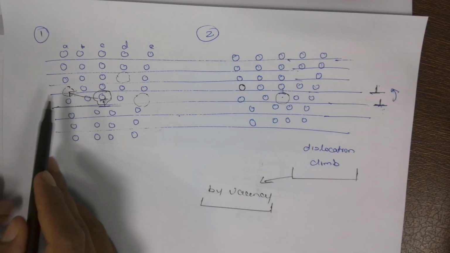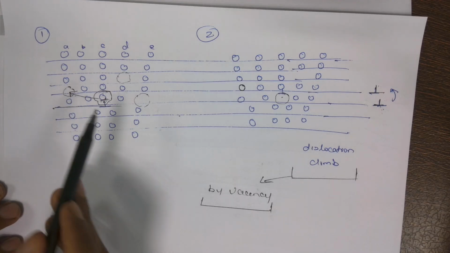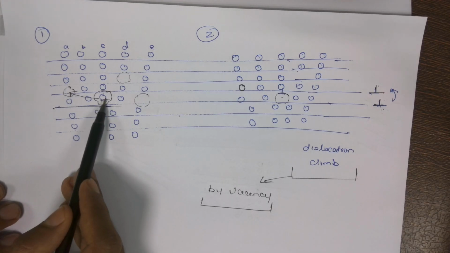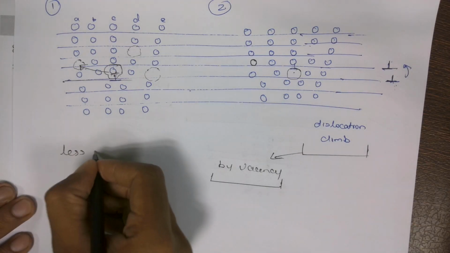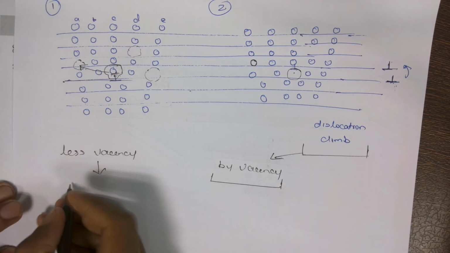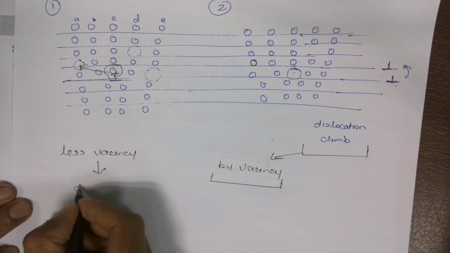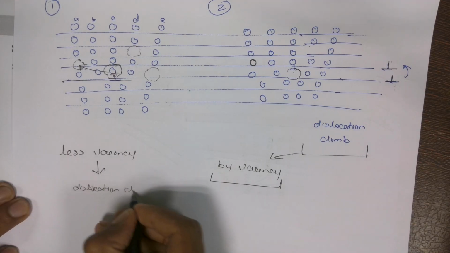So we did the climb, and the vacancy was the one assisting this to happen. If you don't have much vacancy, then your dislocation climb will be very difficult. Less vacancy will restrict dislocation climb, will retard dislocation climb.